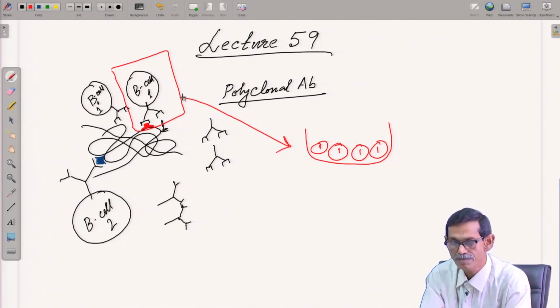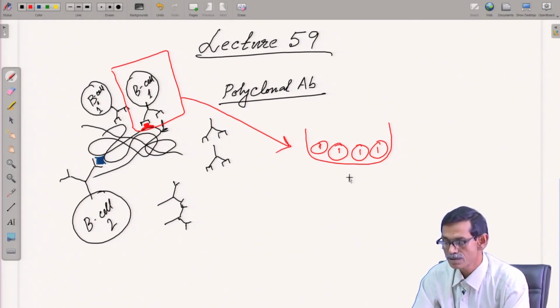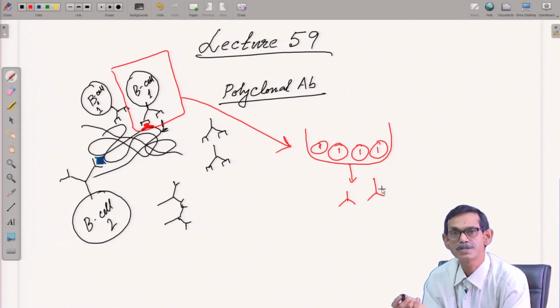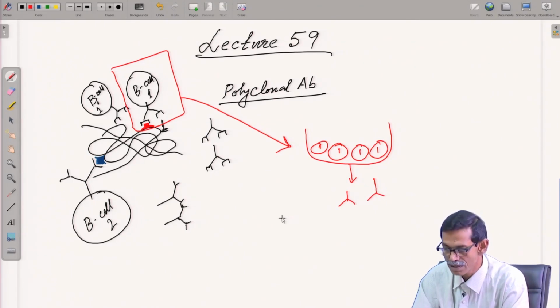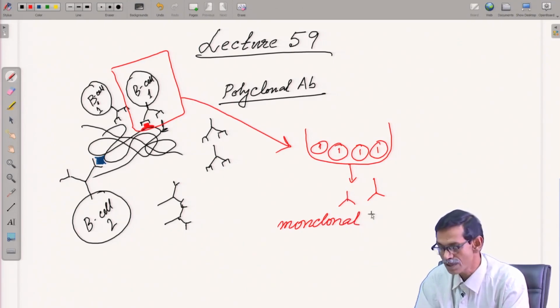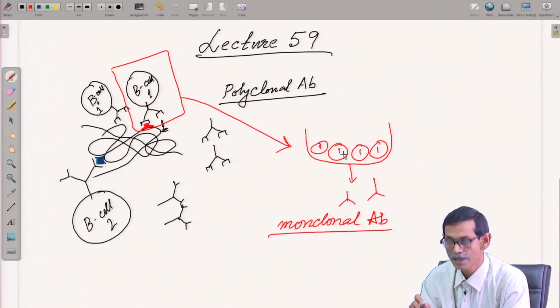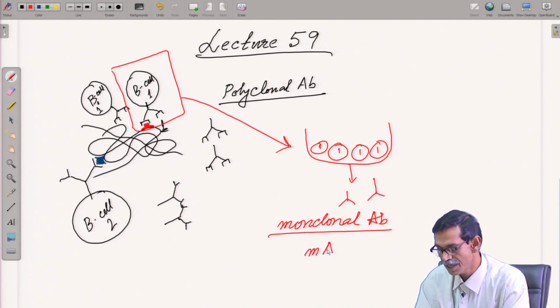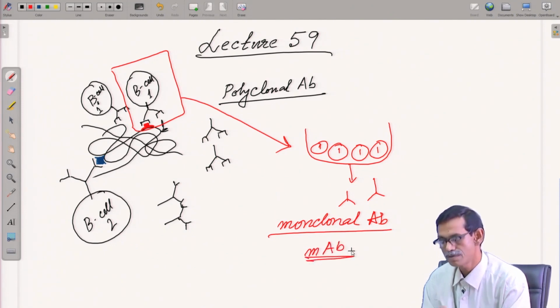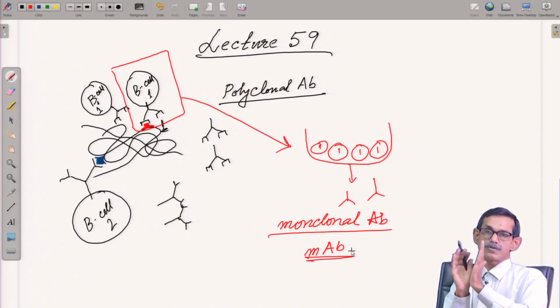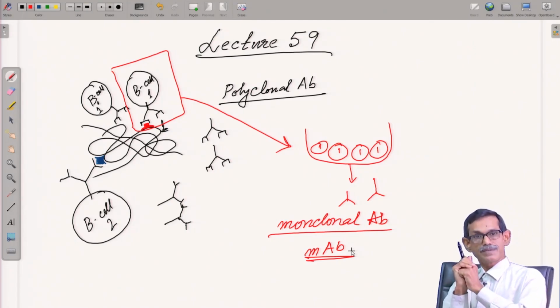Then we can purify and culture in a system so that we can get antibody from that, and all antibodies are going to be identical. Then it is called monoclonal antibody. That means the antibody we are getting is from a single clone. It is also called MAB; many times you will see MAB. So, this is monoclonal. Now, we are going to discuss how we can get monoclonal antibody.